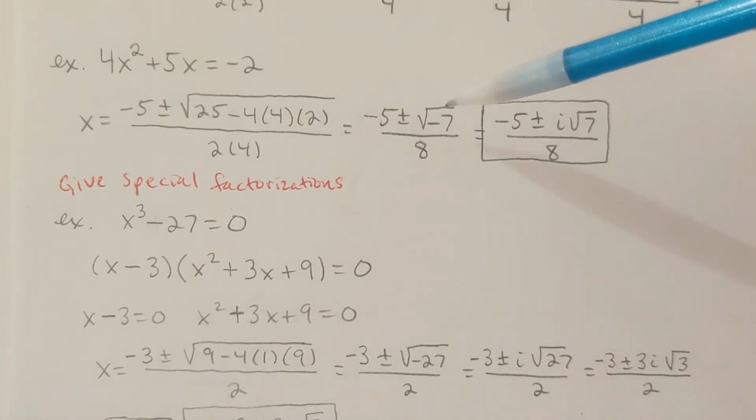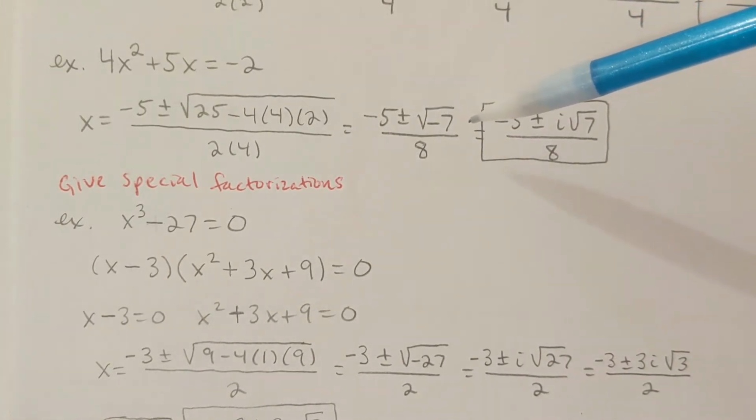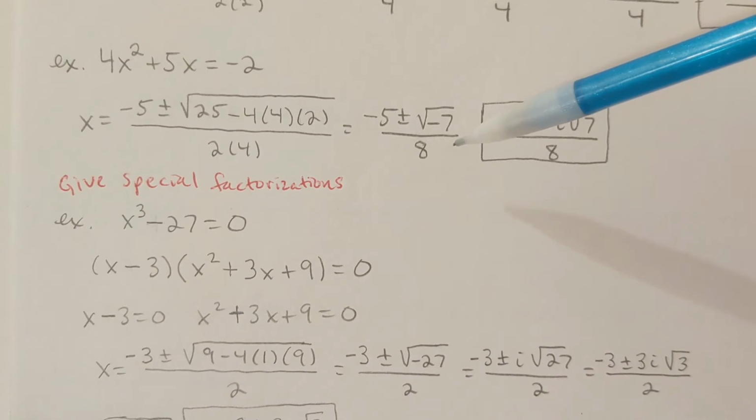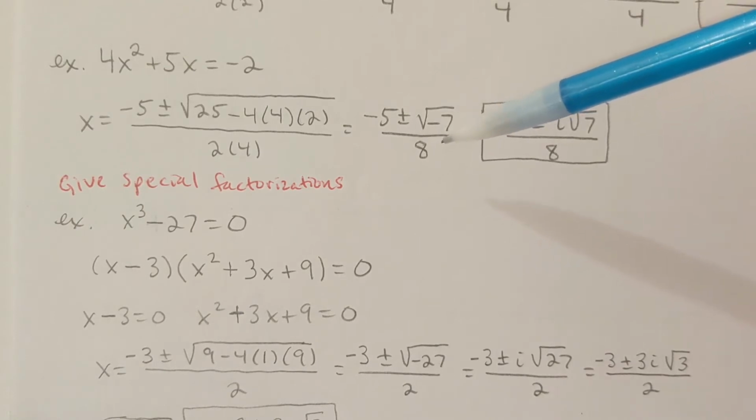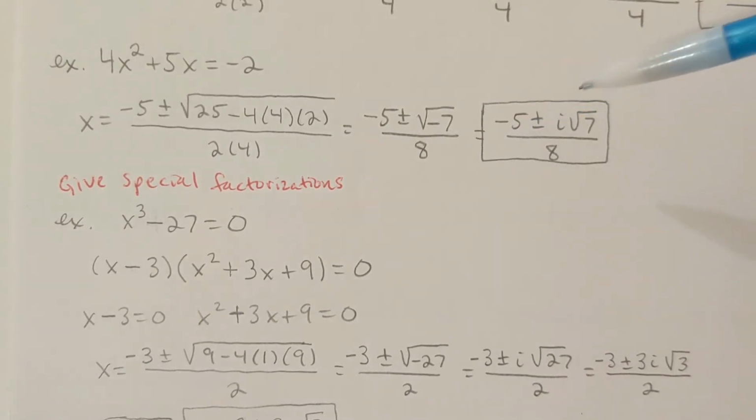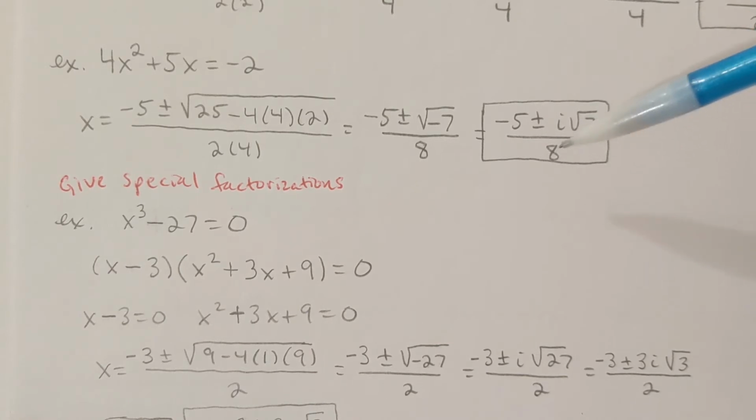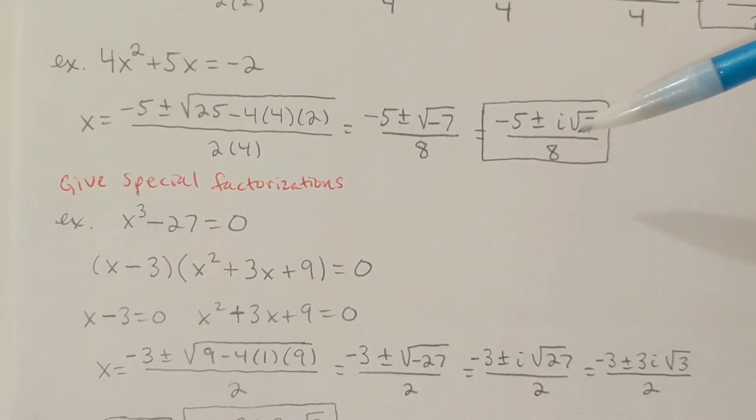So I get negative 5 plus or minus the square root of negative 7 all over 8. The square root of negative 7, in terms of a complex number, is i root 7. So I got negative 5 plus or minus i root 7 all over 8. And that doesn't simplify further. That's as simplified as it's going to get.